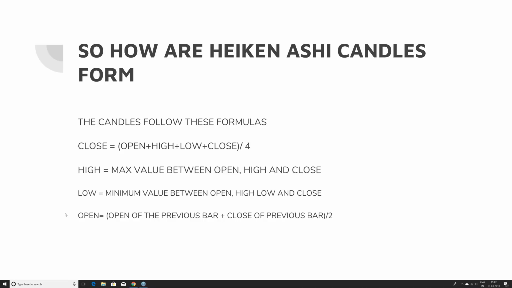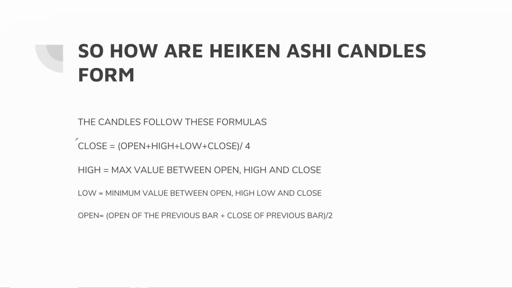So from here, you can see the candles are nothing but the average of all the 4 price action points, with the open and close average. That is why the name has come, Heiken Ashi. Heiken means average, Ashi means pace or bar. So average bars being formed, in Japanese, is called Heiken Ashi.